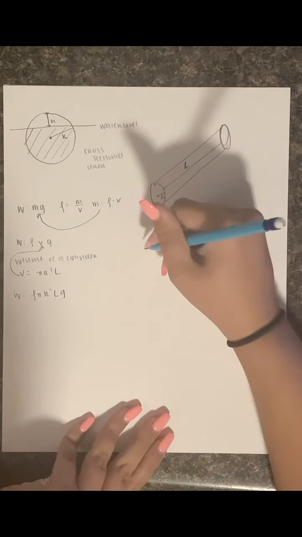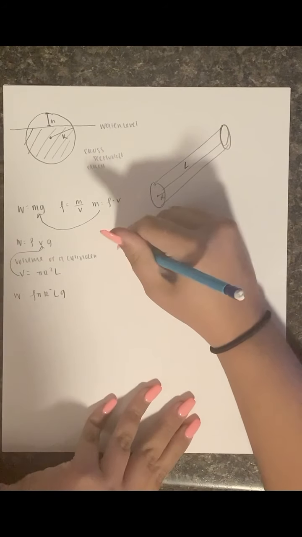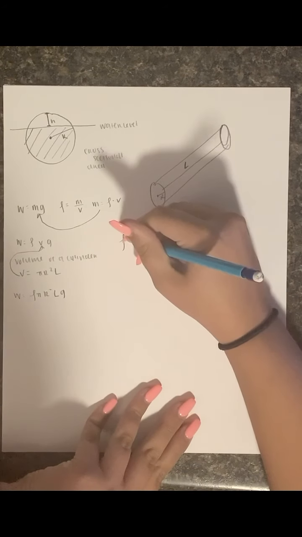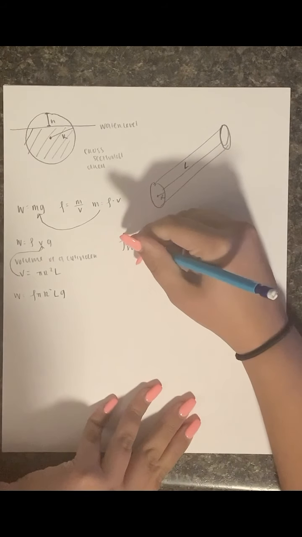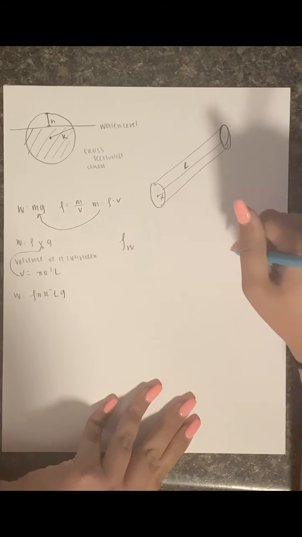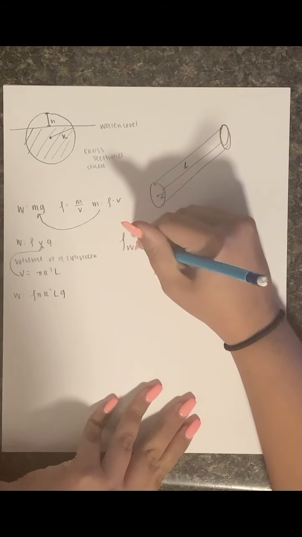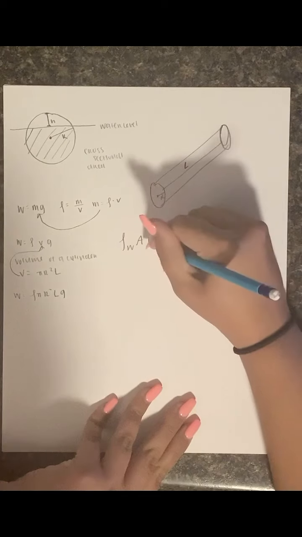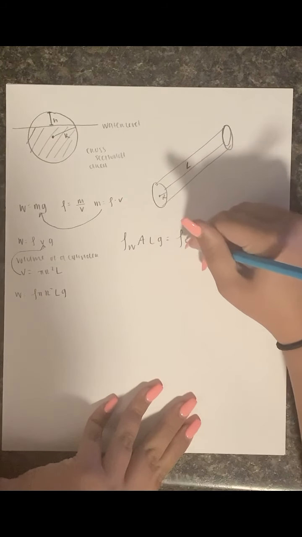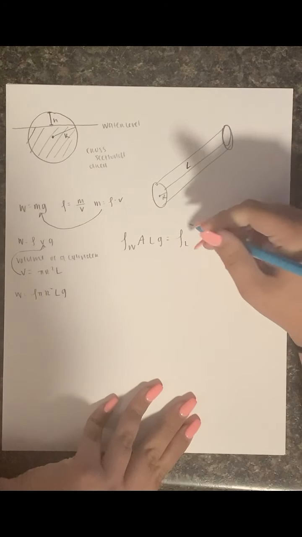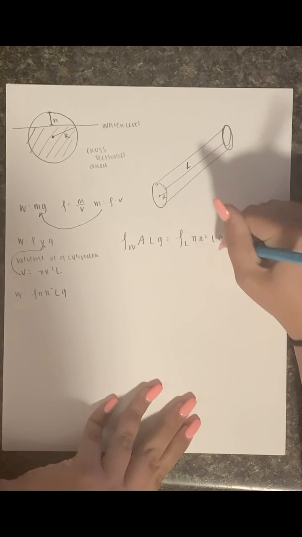And then from these equations over here, we're going to get the density of water, so rho W is water, and then on the other side, rho L is density of log. So then we have area times the height times gravitational constant equals rho L, so density of the log, times pi r squared height gravitational constant.